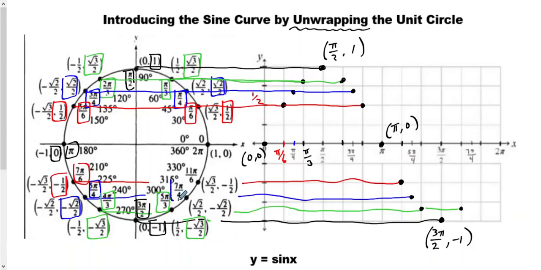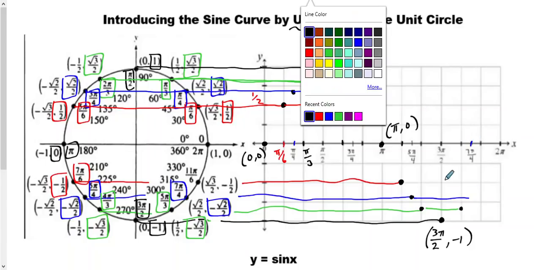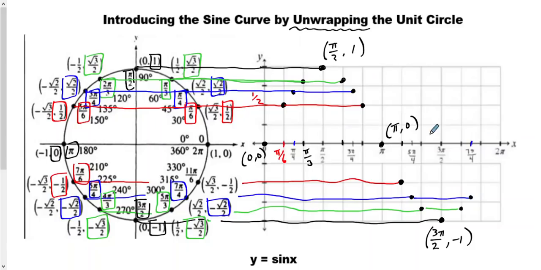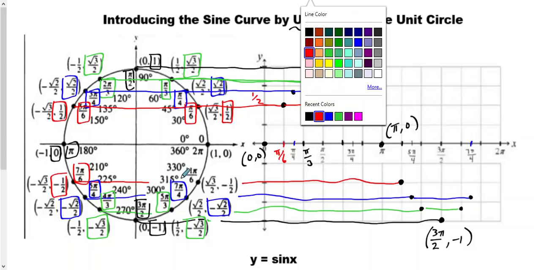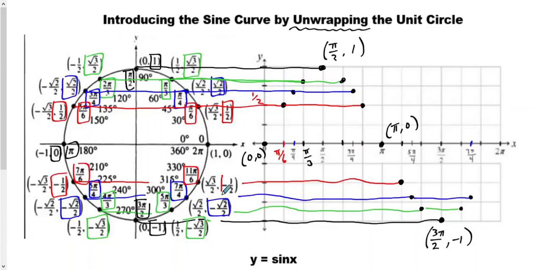Next, 7 pi over 4 and negative root 2 over 2. So I'm just going to carry that line out until we hit 7 pi over 4, which is right here on the x-axis. So I'll put my point down like so. 2 more to go. 11 pi over 6 and negative 1/2. So we can just carry this line out until we hit 11 pi over 6, which is right there.